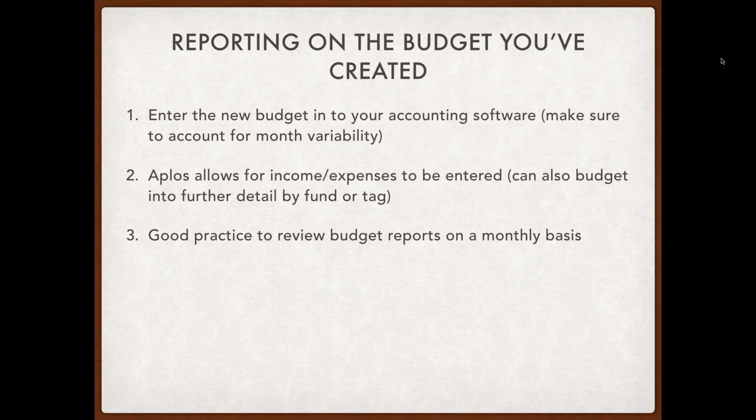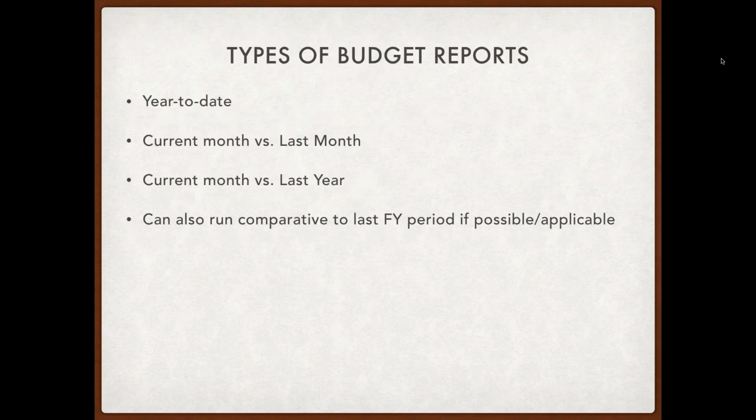And then reporting on a budget, a good practice is to review the budget reports on a monthly basis along with your other financial statements. Types of budget reports, you've got a year to date. Let's say you're in March and it's January through December. In March, you run a year to date report, and it's going to show you here are your actuals in Q1, everything January through March.